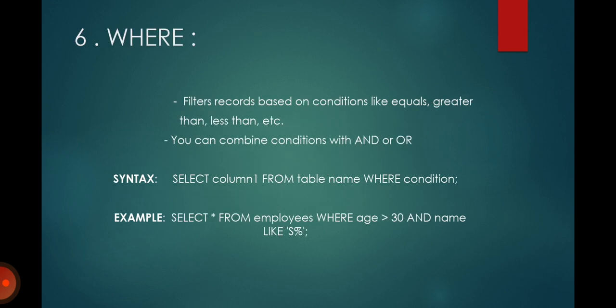The where command is used to filter records based on conditions like equals, greater than, less than, etc. You can combine conditions with and, or. Syntax for where: select the column from table name where condition.